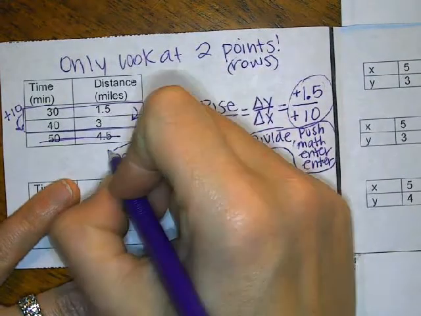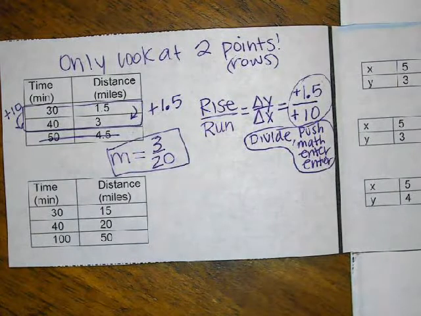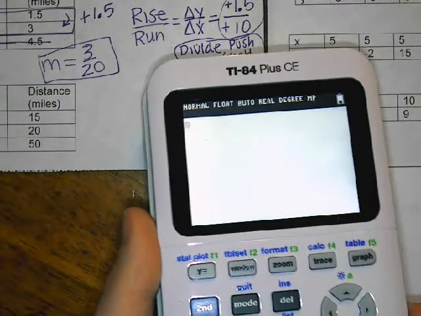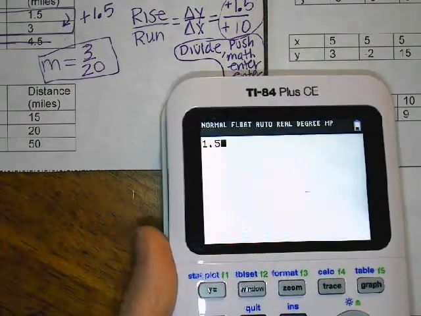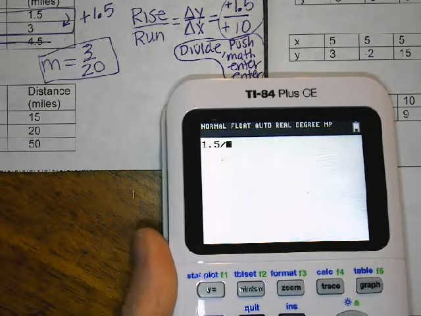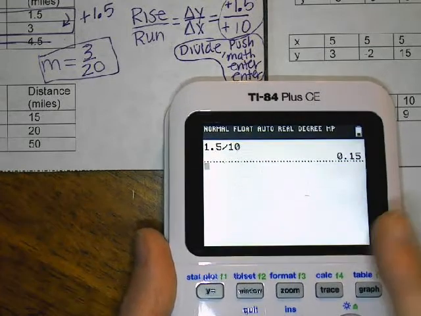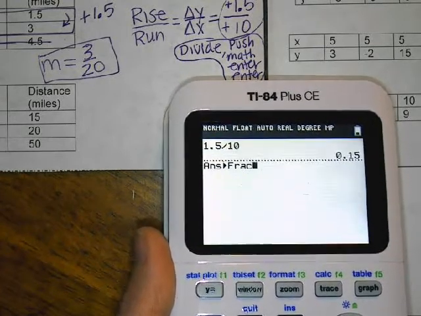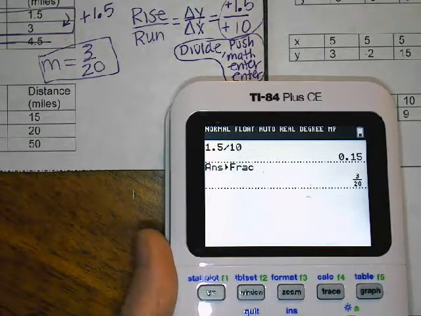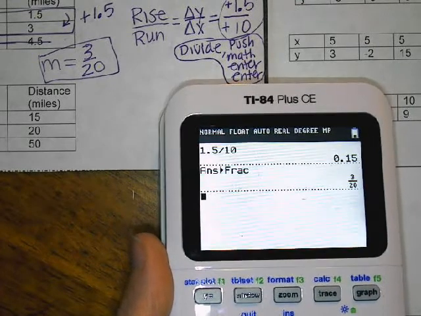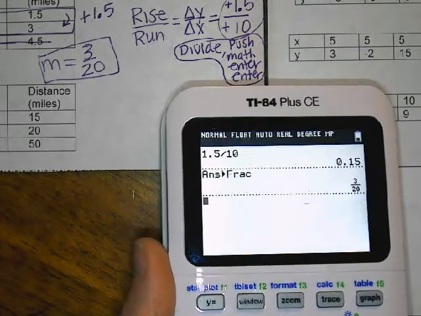Let me pull out my calculator so you can see what it looks like when you divide. Remember, you're going to divide 1.5 divided by 10. That's going to get you a decimal, but I don't want that decimal. I'm going to push math, and then enter, and then enter again, and it's going to give me that fraction, 3 over 20. That's how you simplify every single one of these fractions that I'm asking you to do today.